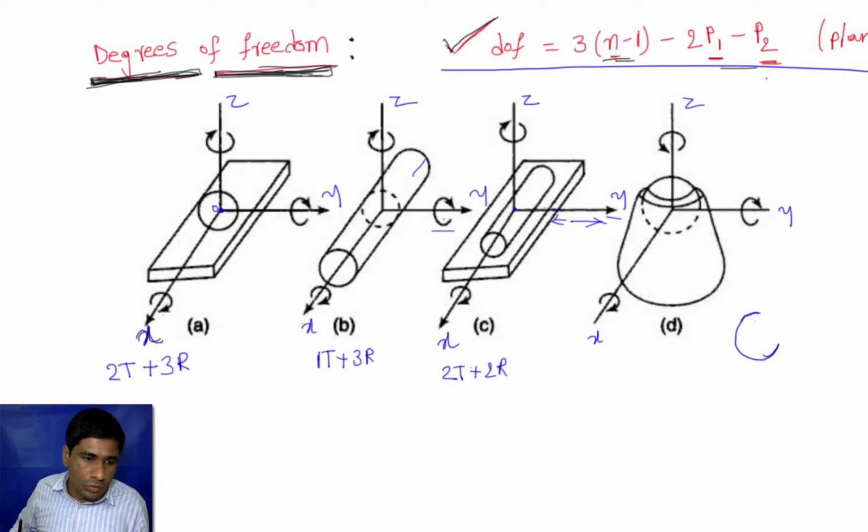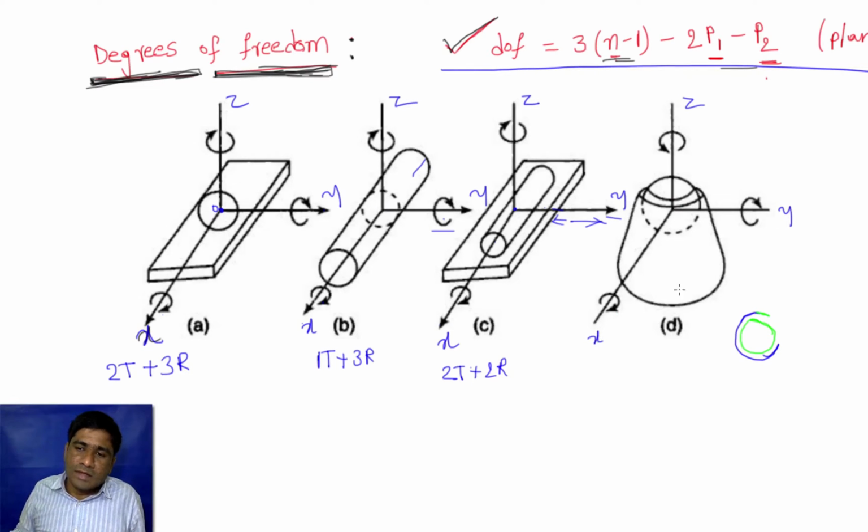Inside the groove we have a sphere like this, and the opening of the groove is such that it is less than the diameter of the sphere. If the opening is more than the diameter of the sphere, then the sphere will come out. So this groove is holding the sphere, which is not attached, but it cannot come out. That means it cannot translate in any of these axes.